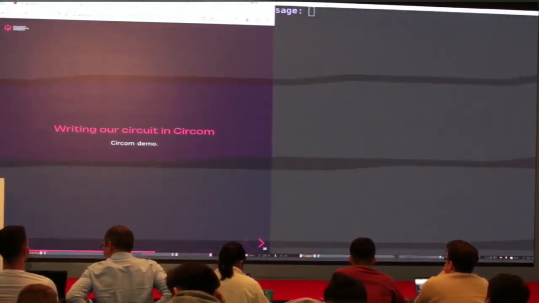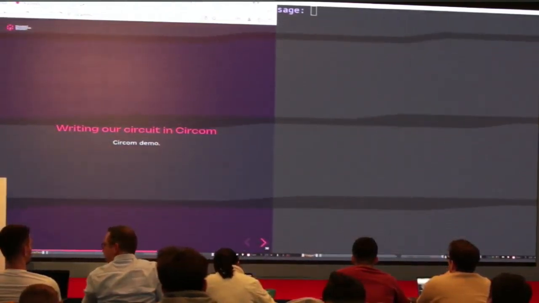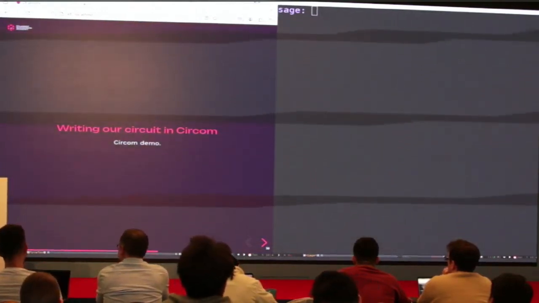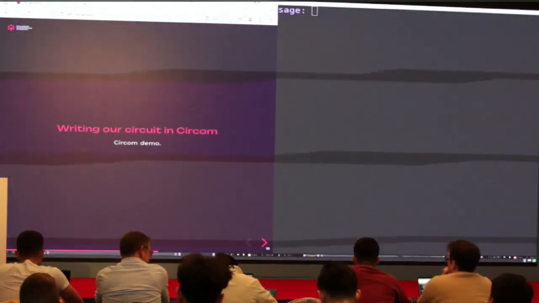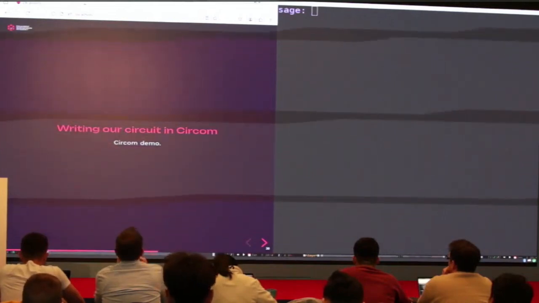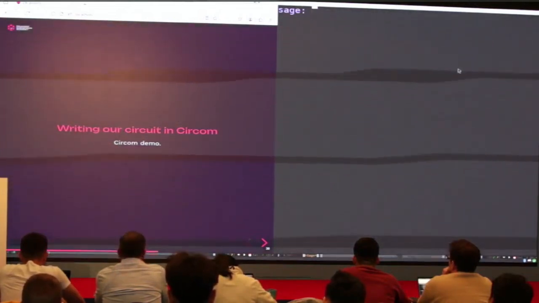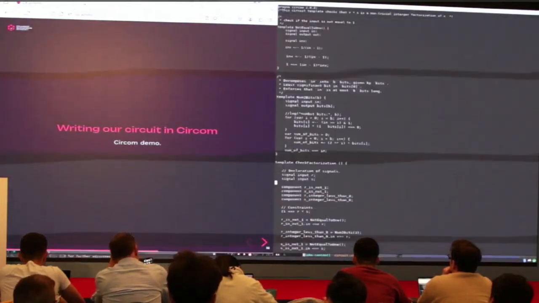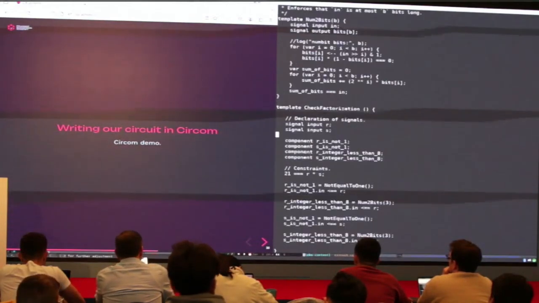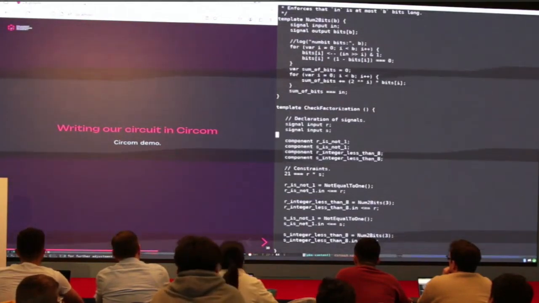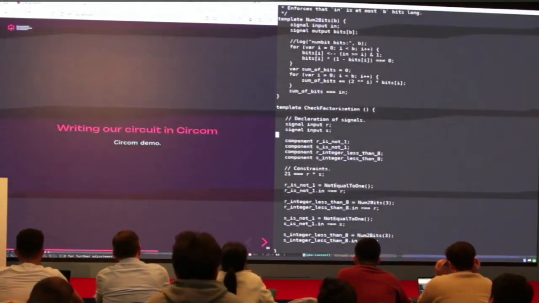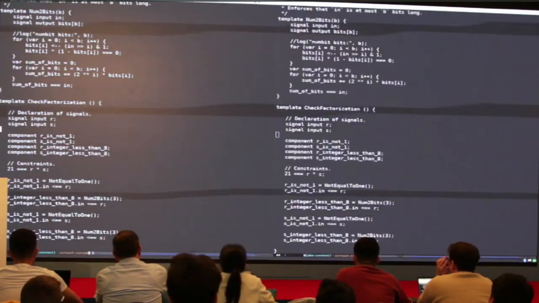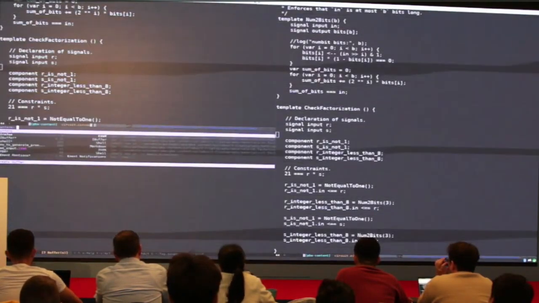It's called circuit.circuit. Where am I? Here. I don't know how big I should make it so you guys can see it. It's good? I can take the whole page, I guess.